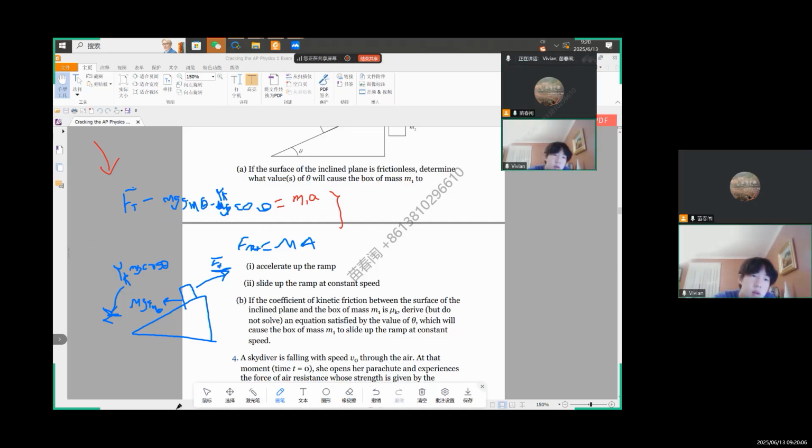So FT equals m2 g minus m1 g sine theta. No, that one is actually the entire system. You want to use the system, or the other?